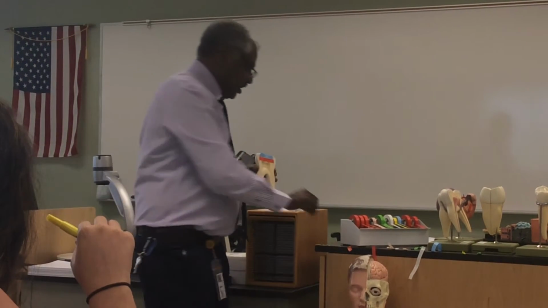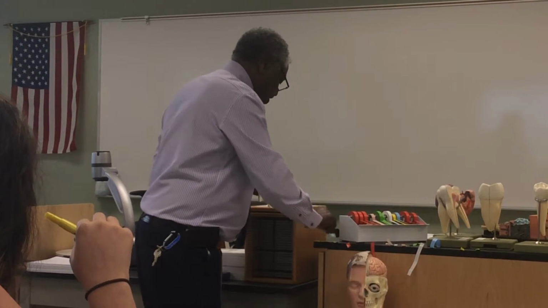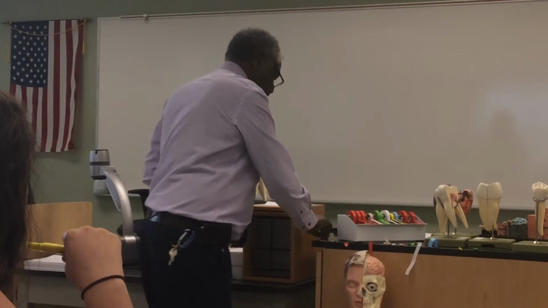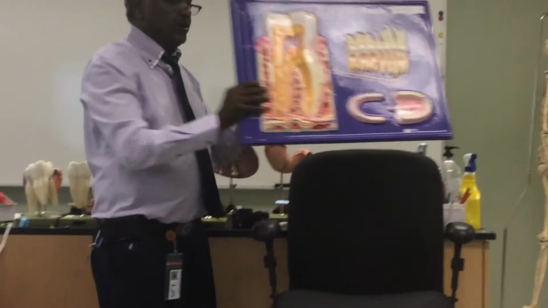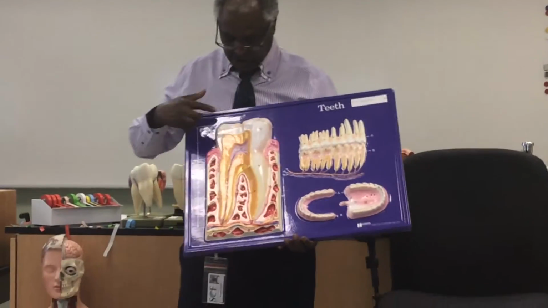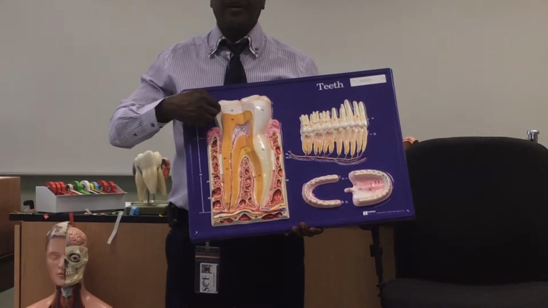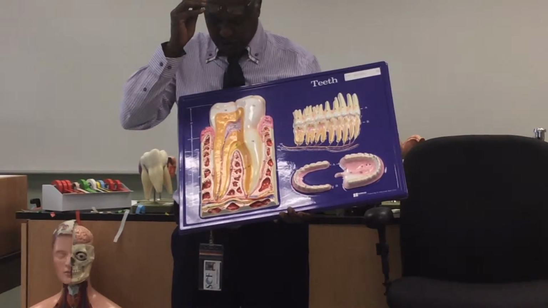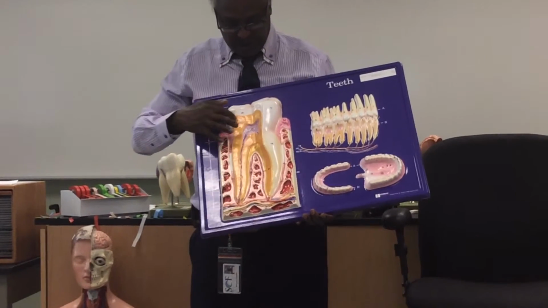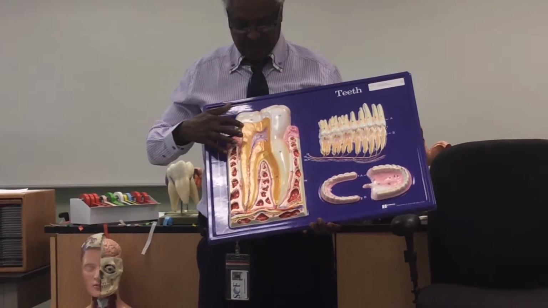Now you can see this also in this diagram right here. In this model, the enamel is all this number 19 right here. And this is the dentin.